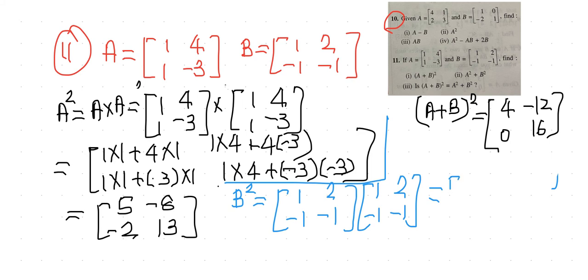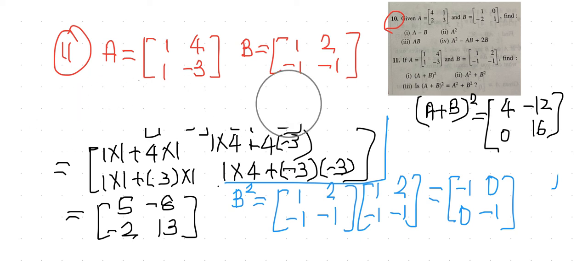So the first term that I'll be getting is minus 1, and then 1 into 2 is 2 plus 2 into minus 1 is minus 2. So 2 minus 2 is 0, and here I'm getting minus 1 into 1 is minus 1 plus minus 1 into minus 1 is 1. So minus 1 plus 1 is 0, and here also similarly I'll be getting what? Minus 1 plus 2 is minus 2, and then plus 1 is minus 1. So this is what I am getting, b square.